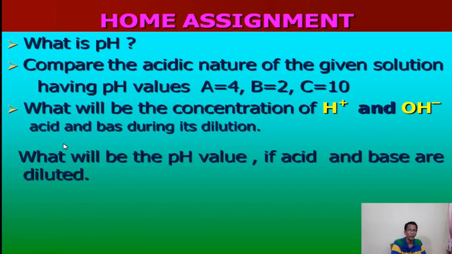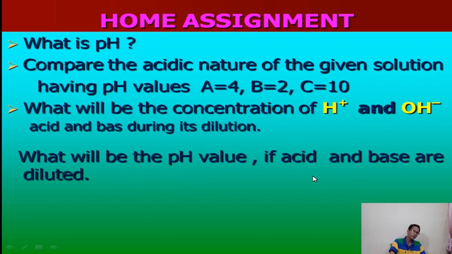Remember this concept. What is the concentration of H plus ion and OH minus ion in an acid or base during dilution? Always remember, when a solution is diluted, the concentration decreases, for any type of solution. H plus will decrease, and OH minus will also decrease.